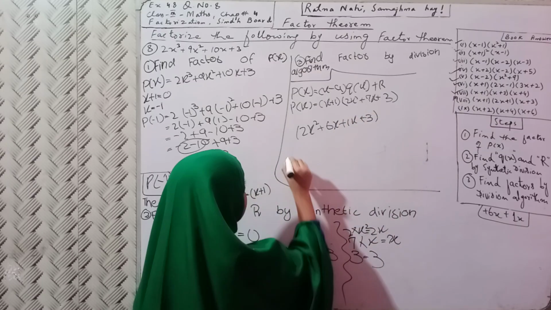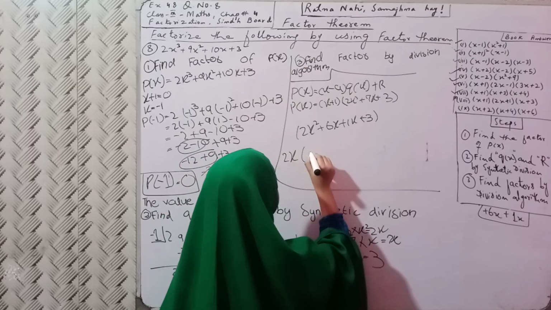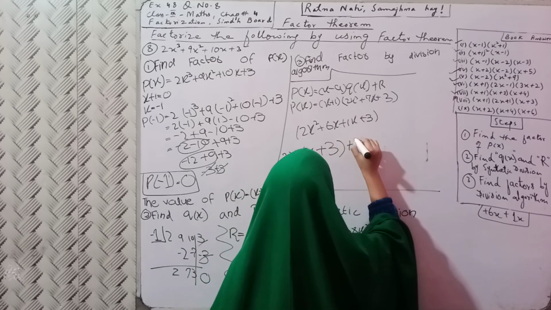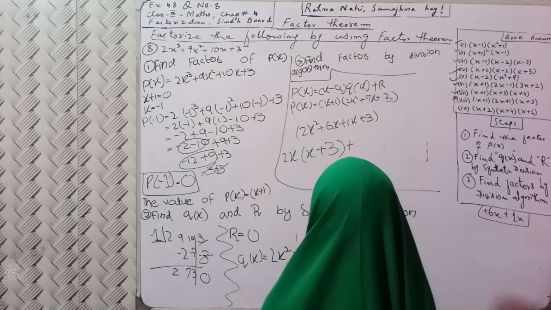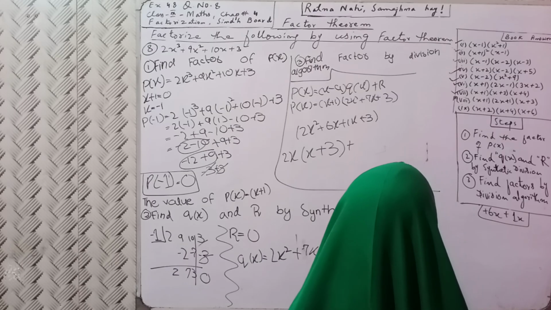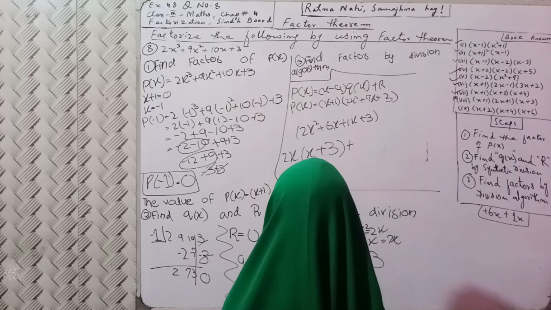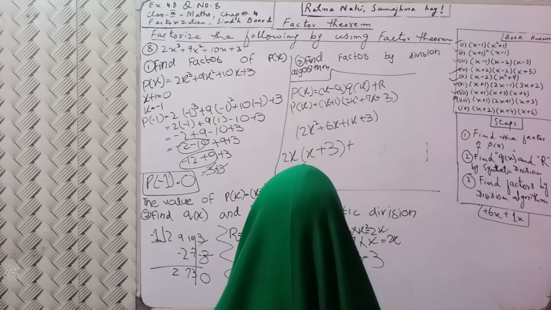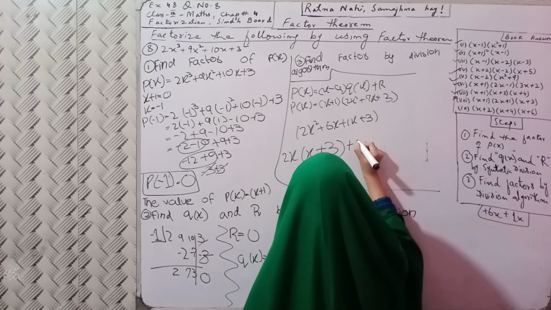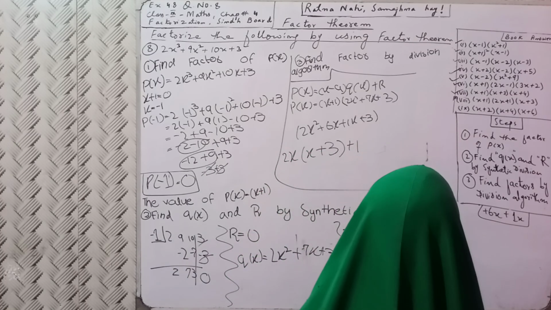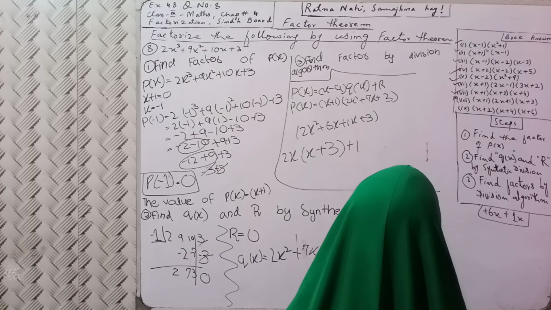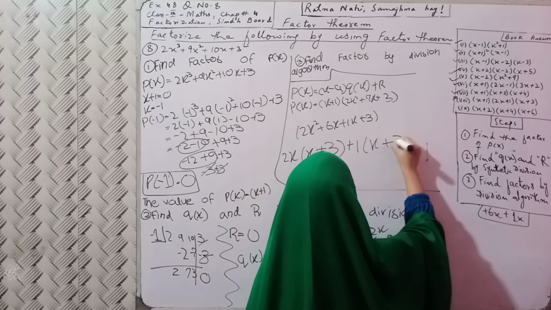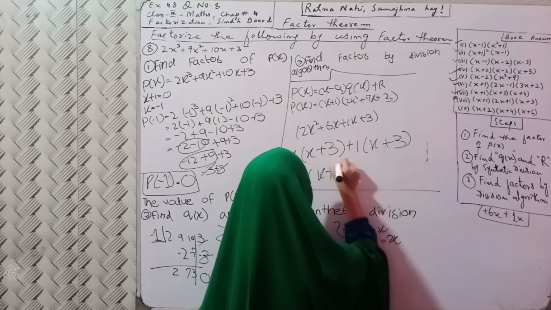Now we will take the common: 2x times x plus 3, plus 1 times x plus 3. Then 2x plus 1 and x plus 3, and finally we have found our answer.